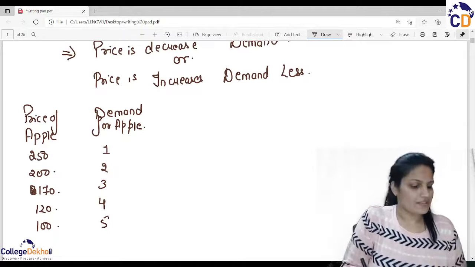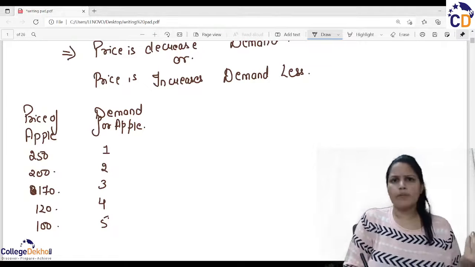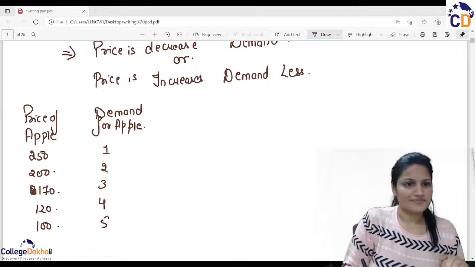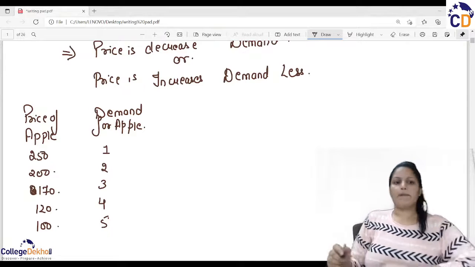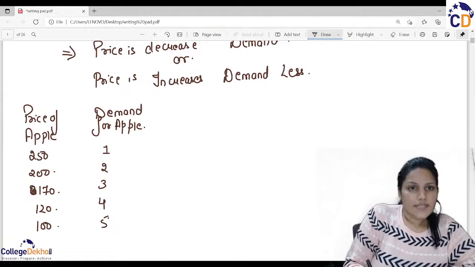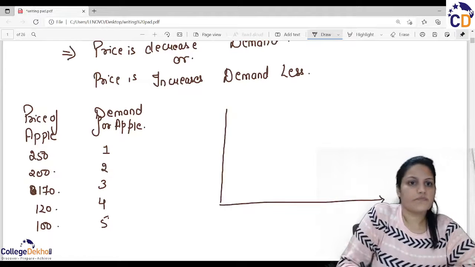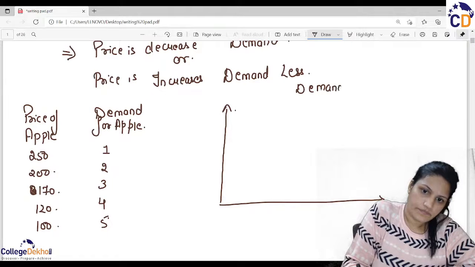So let's make the graph. I hope those who are properly taking the class don't have any doubt. So coming back, let's have a graph, the demand graph.